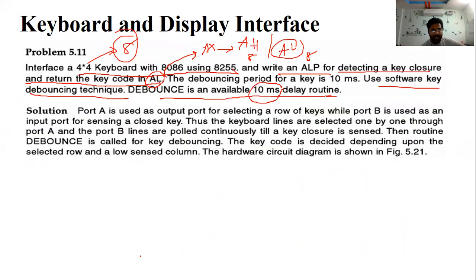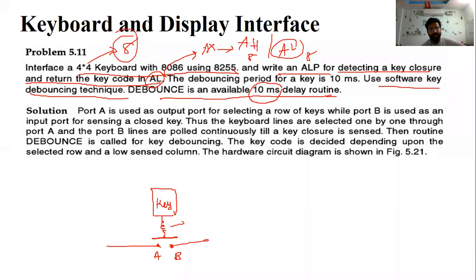Suppose I draw the keys like this, with rows and columns, and we assume points A and B. This is the pin, and I can place the spring and key here.